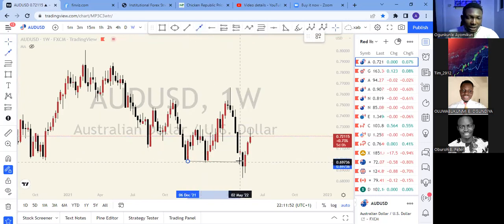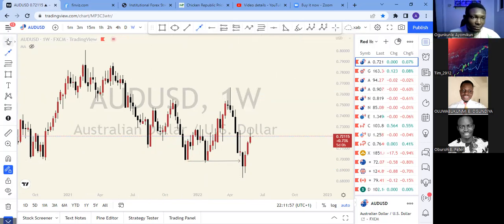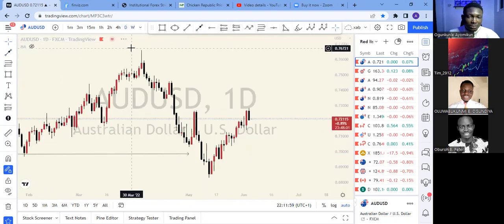As you can see, this is a bearish break of structure on the daily time frame.